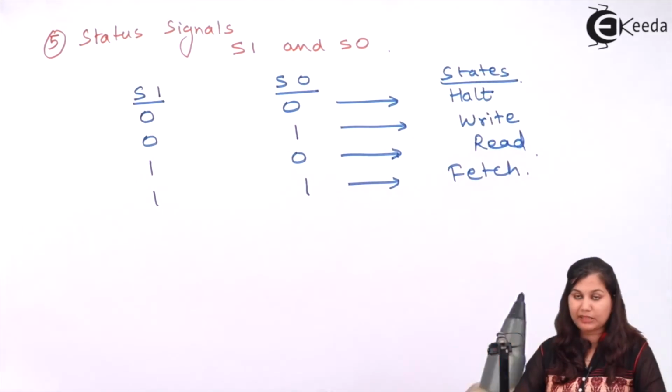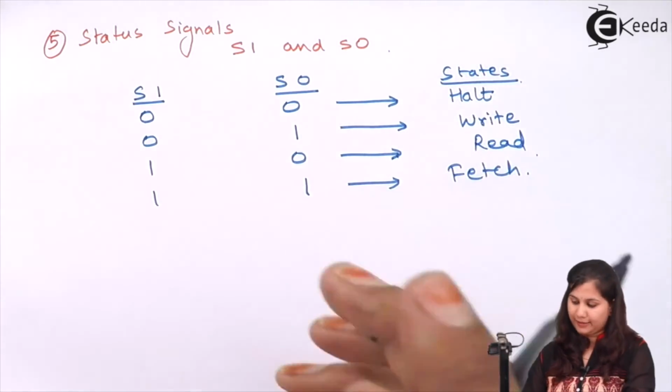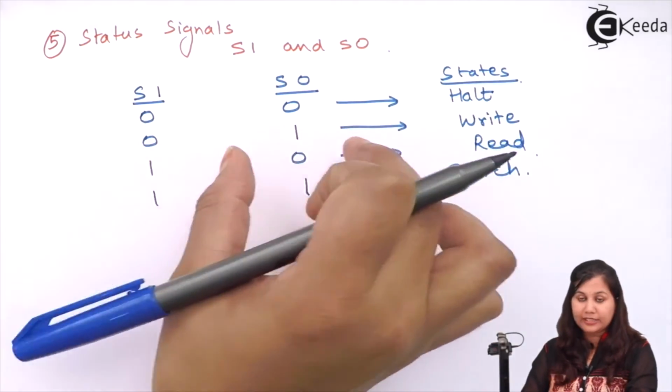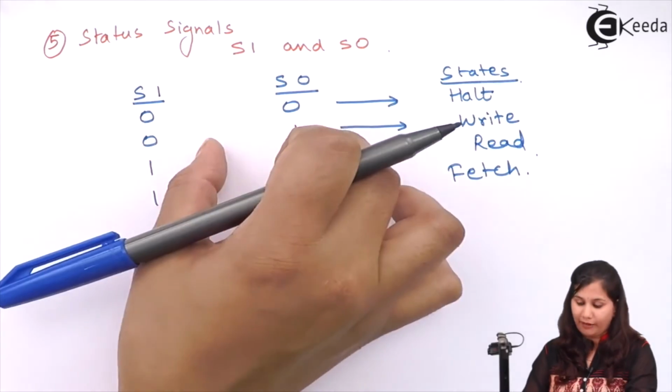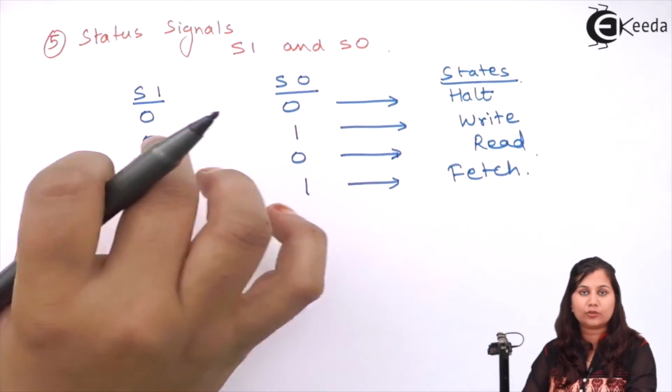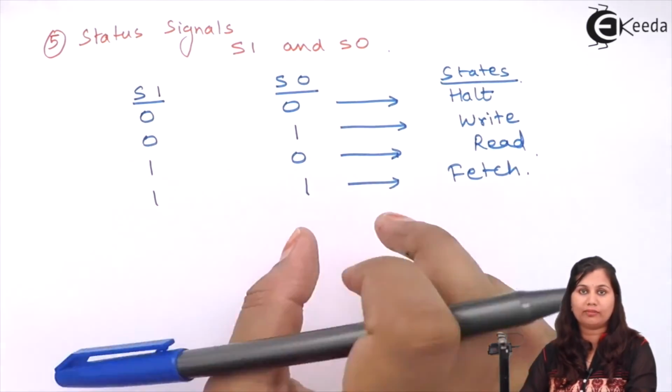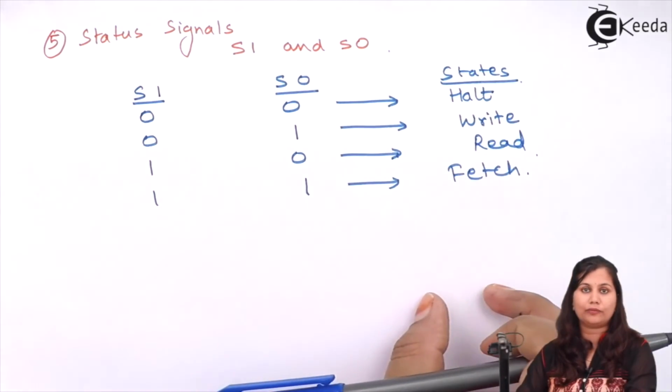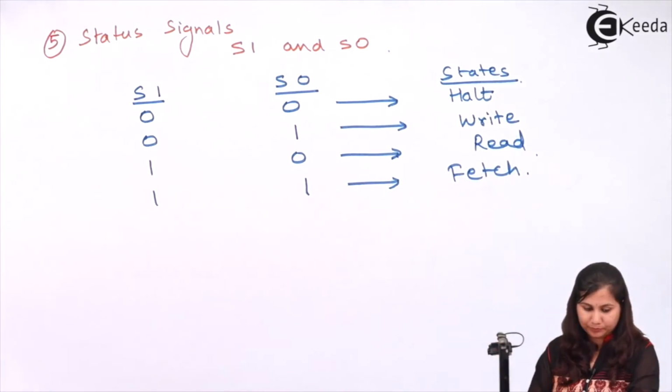The instruction is being fetched by the microprocessor. So the value of these two signals, either 0 0, 0 1, 1 0 or 1 1, defines the state of the microprocessor.